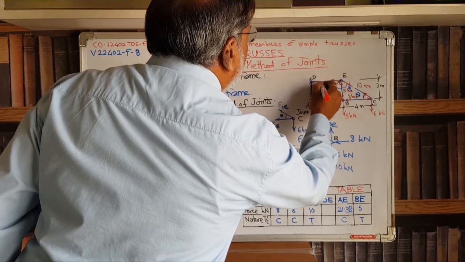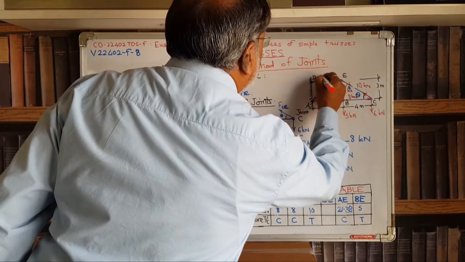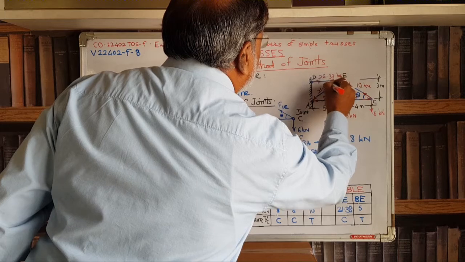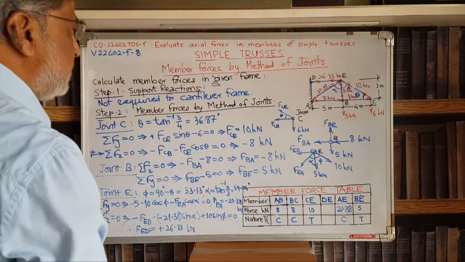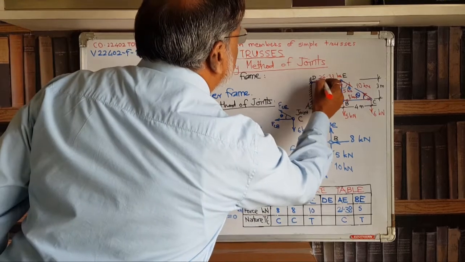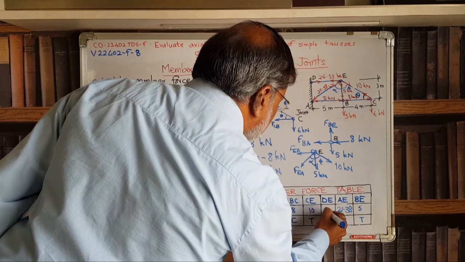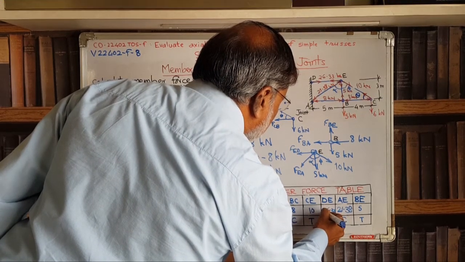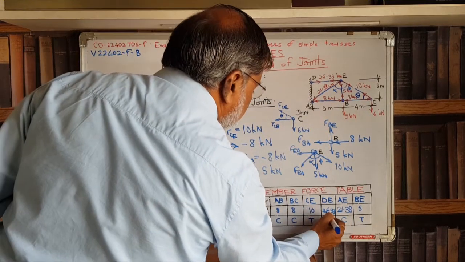So its counterpart comes like this. And the value is 26.33 kilonewton. So the answer 26.33 will be put here. As the arrow tips are towards each other, this is in tension.